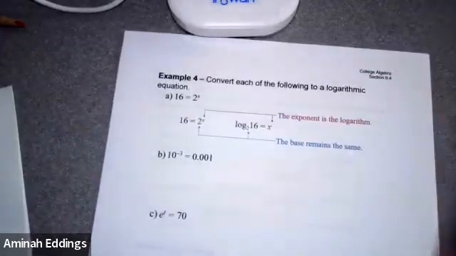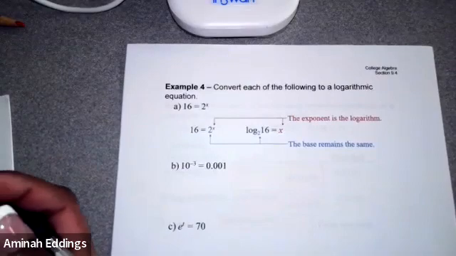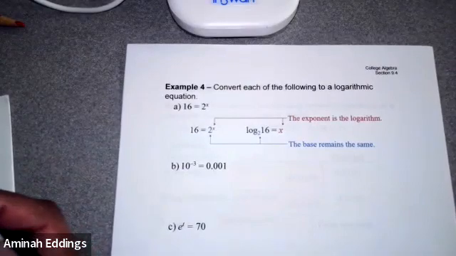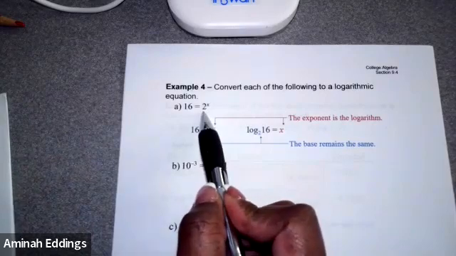All right, what if I asked you to go from exponential to logarithmic? You're just doing the exact opposite, okay? So think about it in terms of, we start with our base, right?